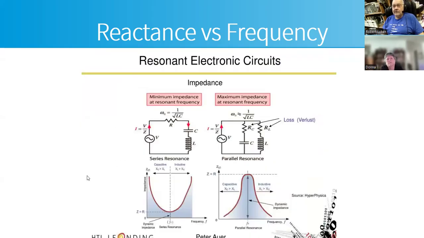Here's a couple plots. This one, we're plotting impedance of the series circuit versus frequency. You can see we start off high and get down to a minimum at resonance, and then go back up.